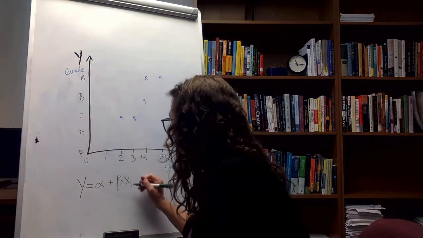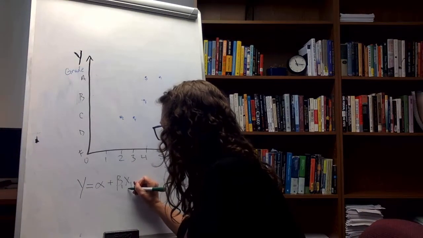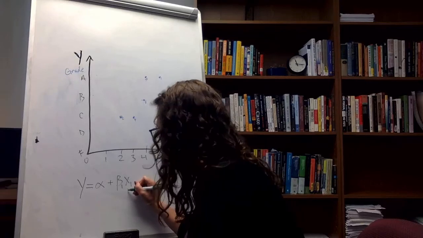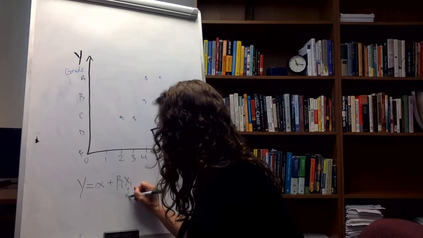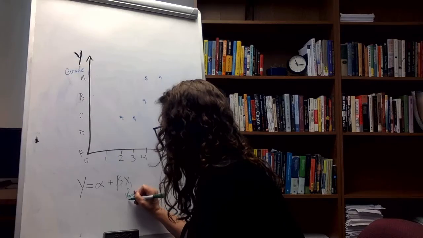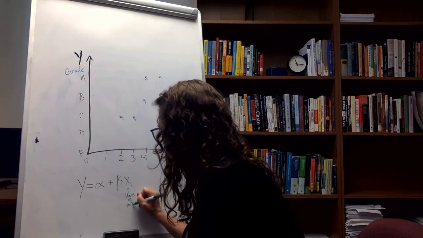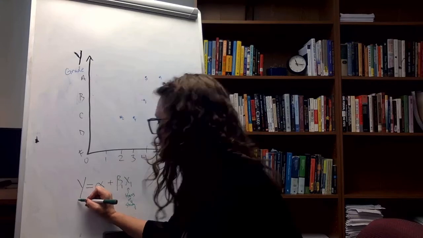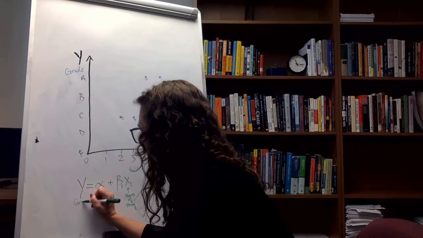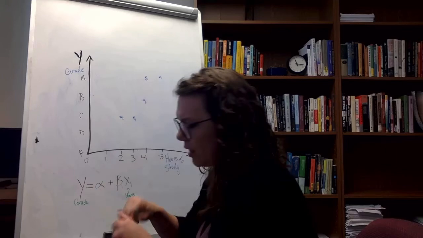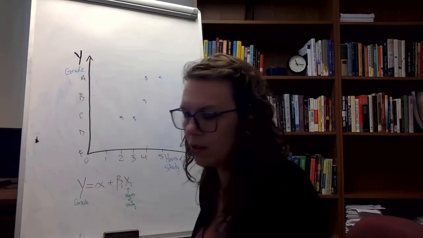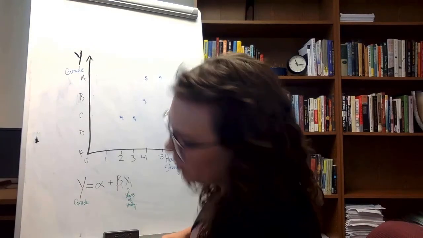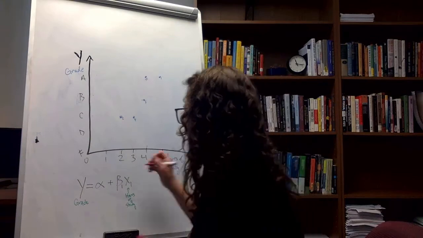But for our purposes, we have our independent variable, which is hours studied, which determines our dependent variable, which is the grade. And then remember that beta is the marginal effect of x on y.